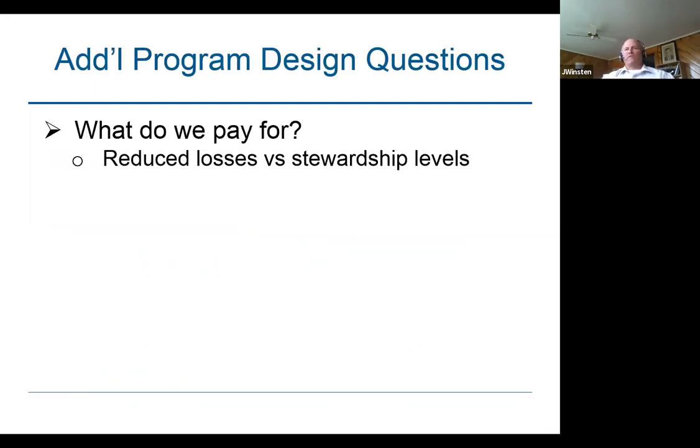Yeah. So a little bit more, some additional program design questions. What do we pay for? And this was talked about in the first working group meeting that I attended in Waterbury a few weeks ago. Reduced losses versus what I call stewardship levels. If you pay for reduced losses, it's less fair to the farmers who have been doing a lot of conservation all the way along.